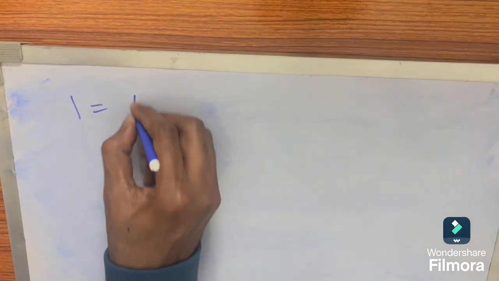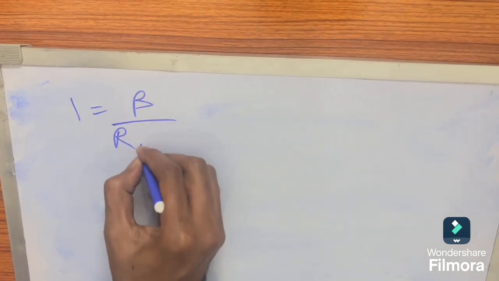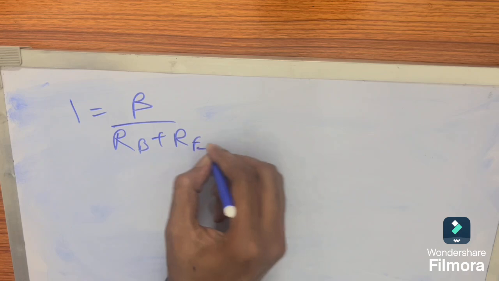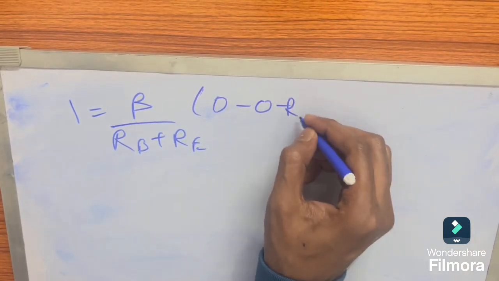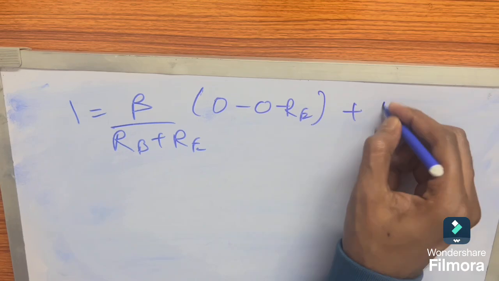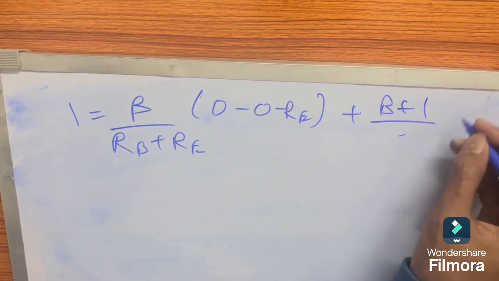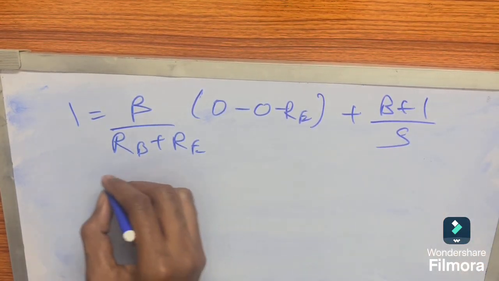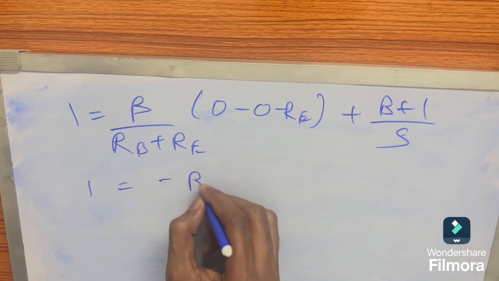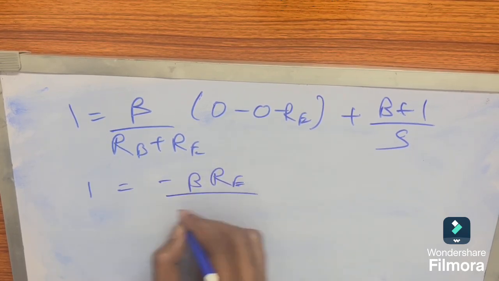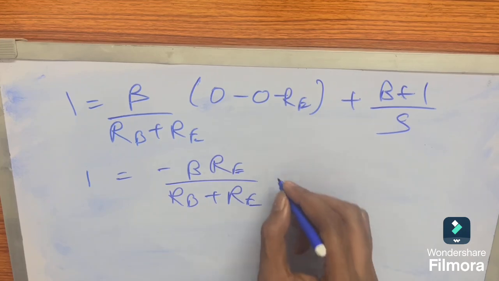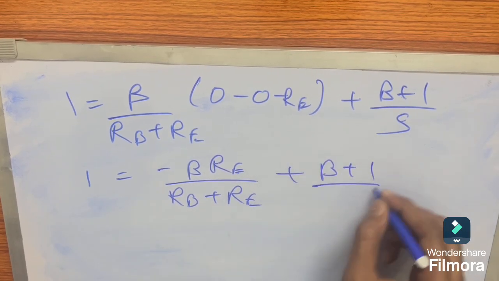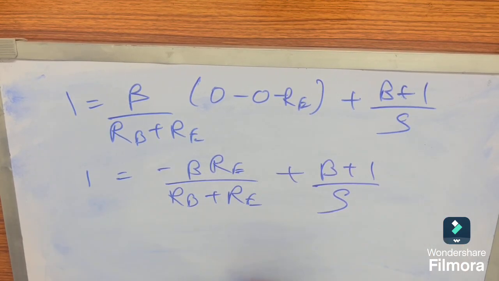So 1 equals minus beta RE by (RB plus RE), as the rest of the factors are 0 because they are constant, plus (beta plus 1) by S, which is the reciprocal.